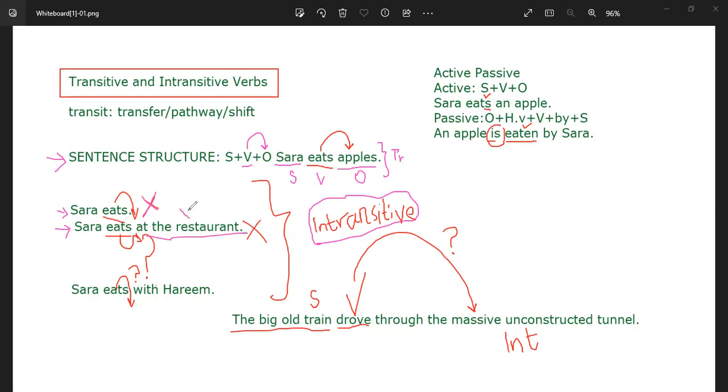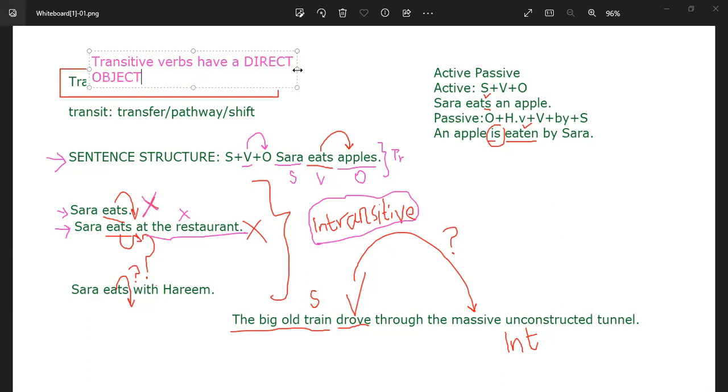It's not. But for those of you who have the concept of direct and indirect objects, the definition that you should remember is that transitive verbs have a direct object.